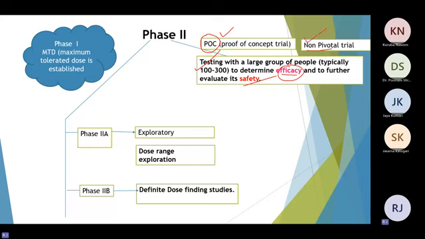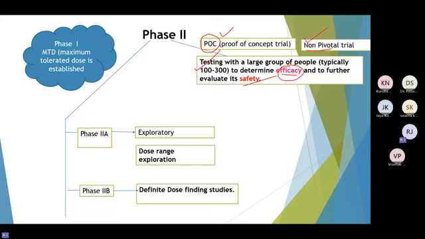And it is non-pivotal. This is a technical word. Whenever we submit the data of any clinical trial to the regulatory body for taking approval, those kinds of trials are called pivotal trials. So phase 2 trial data is generally not submitted for taking approval for any drug molecule.